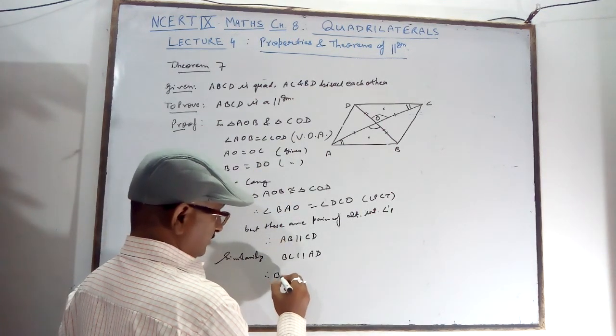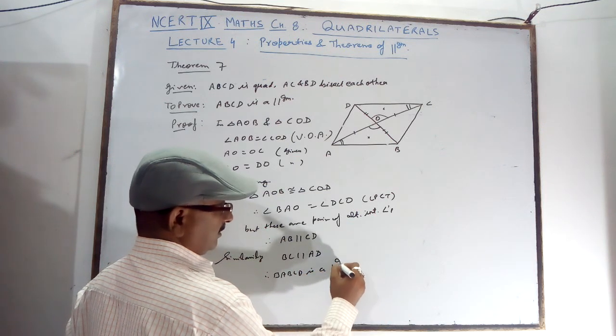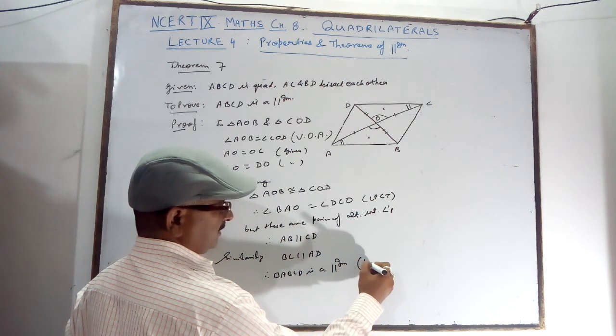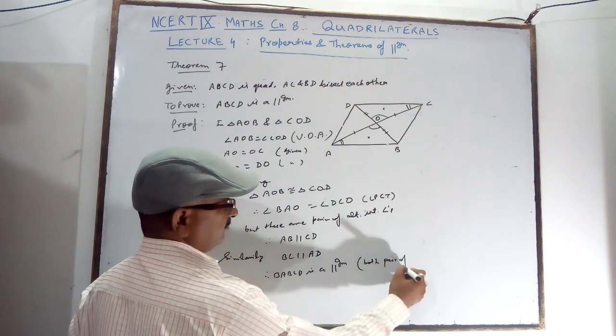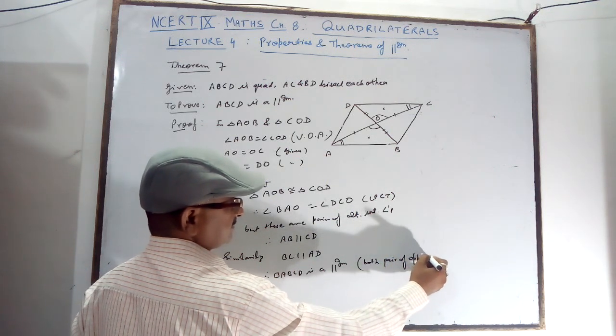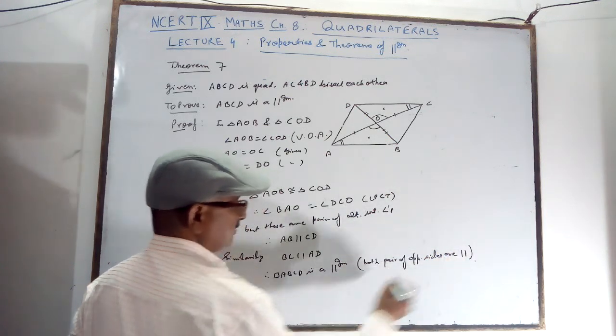So quadrilateral ABCD is a parallelogram. Reason: both pairs of opposite sides are parallel, hence proved.